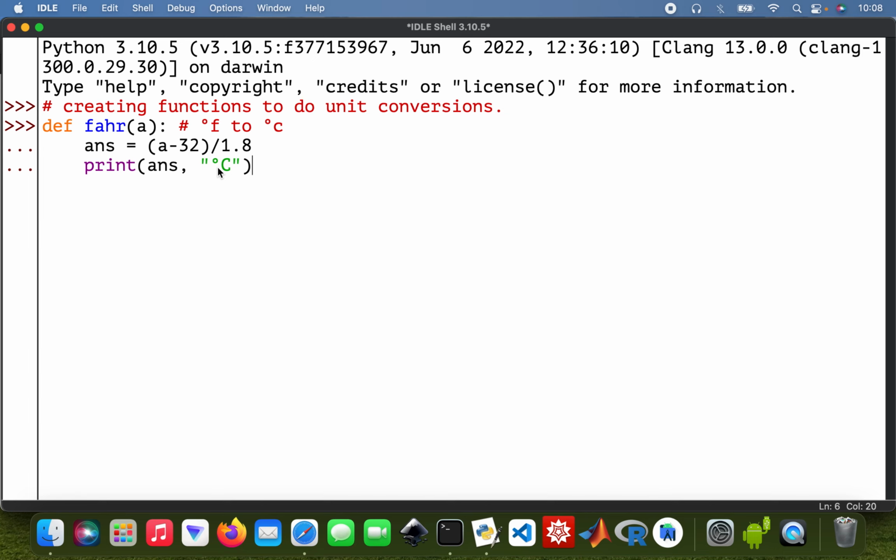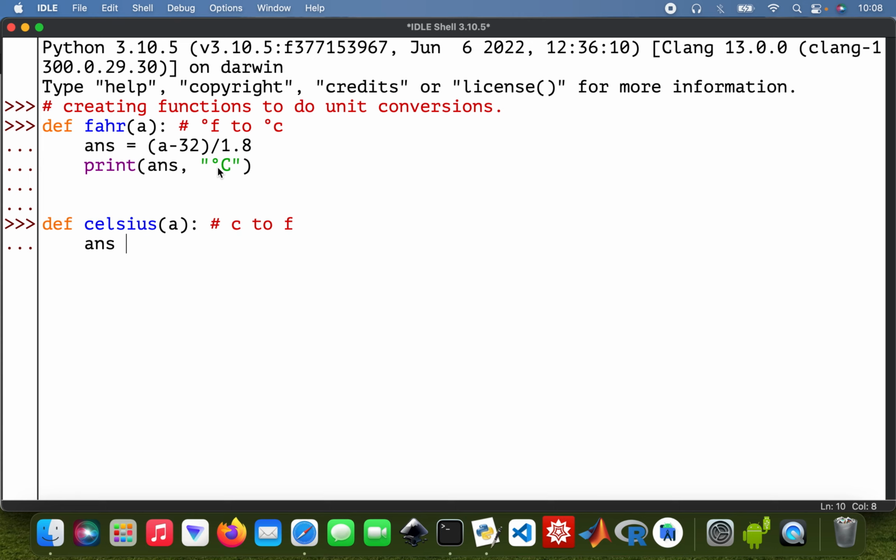Okay, right. And then I need to do the other way around. So define as well. So my Celsius, and that's Celsius to Fahrenheit.